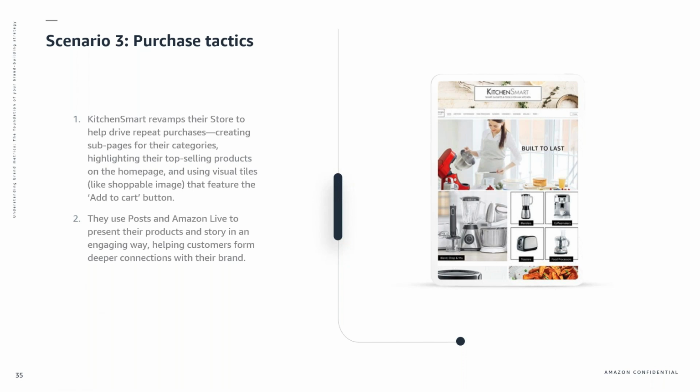So once you have already set up your ad campaigns, you want to convince people to buy into your brand, then of course you have to ensure you have a high quality store so that you also help drive repeat purchase. Create sub pages for your category, highlight your top selling product, use visual tiles like a shoppable image, ensuring the add to cart button appears everywhere. And then, of course, drive posts.